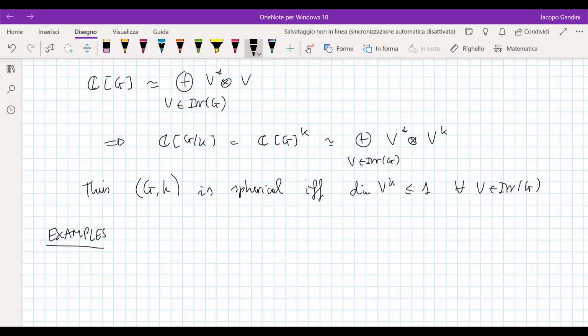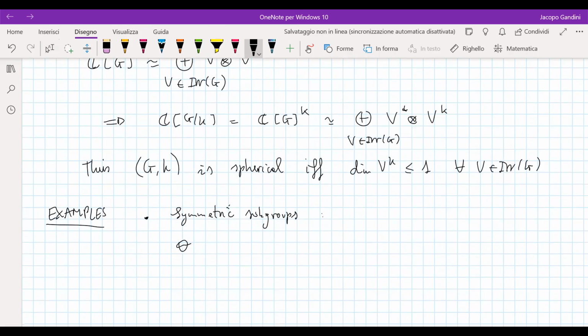Well, a fundamental class of examples is the class of symmetric spaces or symmetric subgroups. So what does it mean?